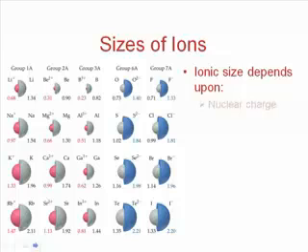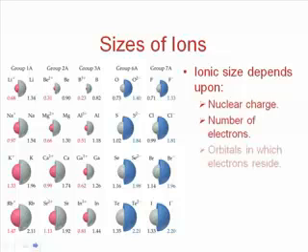Now what about ions? Here's a depiction showing the difference. For example, this would be the radius of a lithium atom, and then lithium forms ions by losing an electron, and so you can see it's getting smaller.